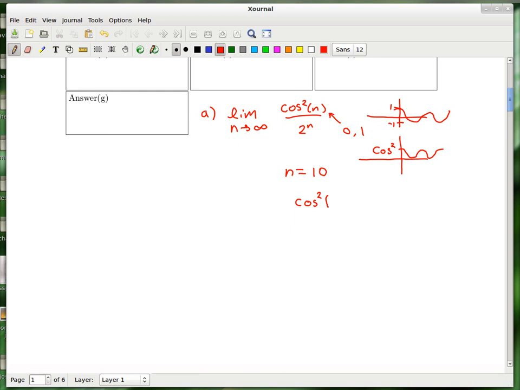It's not going to be anything nice, but just think of it as a number between 0 and 1. On the bottom, we've got 1024, which is 2 to the 10th power. This is a really small number. If we make the numerator as big as possible, 1, then we've got 1 over 1024, which is approximately 1 over 1,000. So as n goes to infinity, this thing is going to 0.